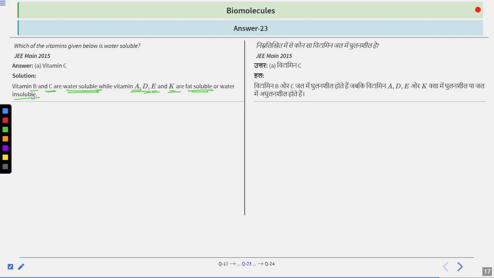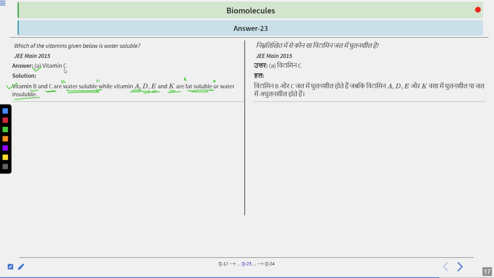First one is water soluble, which easily dissolves in the water. Another one is fat soluble, which is dissolved only in the fats and insoluble in the water. So vitamin B and vitamin C are water soluble, while vitamin A, D, E, and K are fat soluble. And we have asked about the water soluble vitamins. So from the options, we have our correct answer as option A, that is vitamin C, which is a water soluble vitamin.